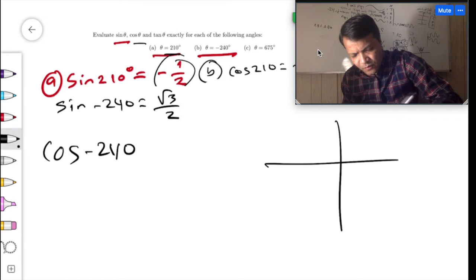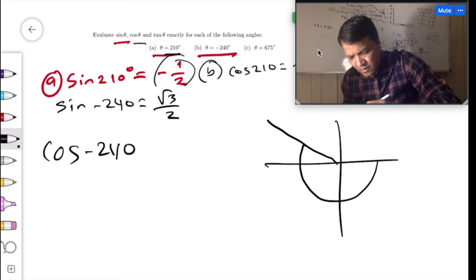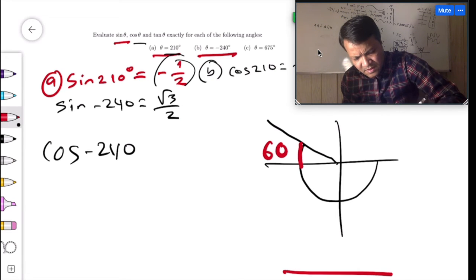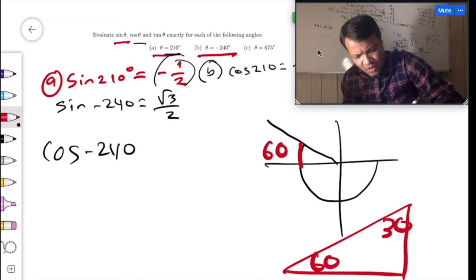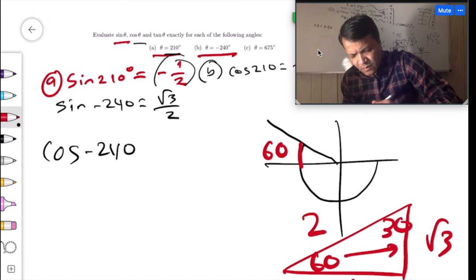So again, 240 is right here. So that means this is negative 240. That means this one is 60, and this is 30. So opposite to the 60 is root 3, opposite to the 30 is 1, opposite to the 90 is 2. In the second quadrant, cosine is negative, sine is positive.